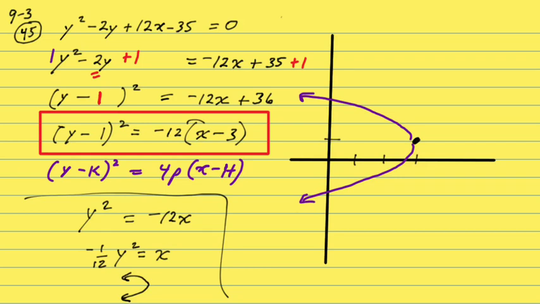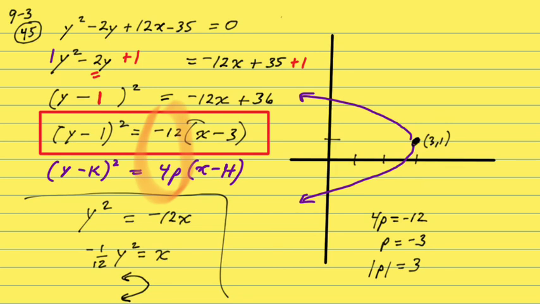My vertex was, again, 3, 1, right? What is p, or what is the absolute value of p? If you look right in here, does 4p have to equal negative 12? If 4p is negative 12, would p be negative 3? I always look at the absolute value because that gives me the focal length.